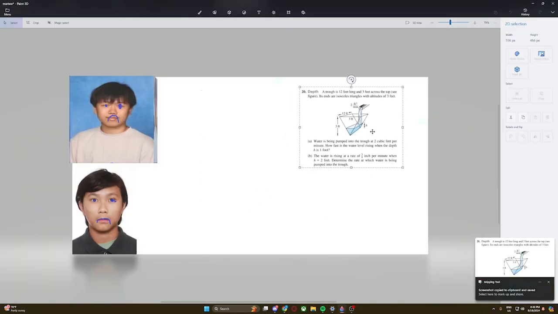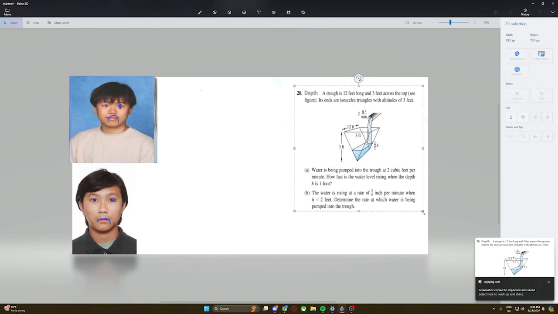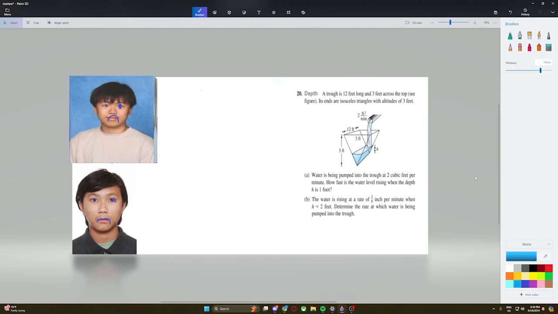Okay, so I'll be doing like 4 of these. So let's do this one. I haven't done it yet, so I'll be learning too. A trough is 12 feet long. Right here, this is long, and 3 feet across from the top.